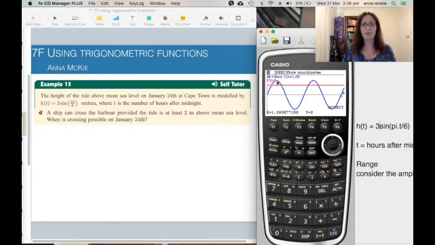So intersection, the first one here is x is equal to 1.39. The next one, and so these are, when is it possible? These will be your time. So when time is 1.39, 4.6, 13.39 and 16.6, and these are in hours after midnight.